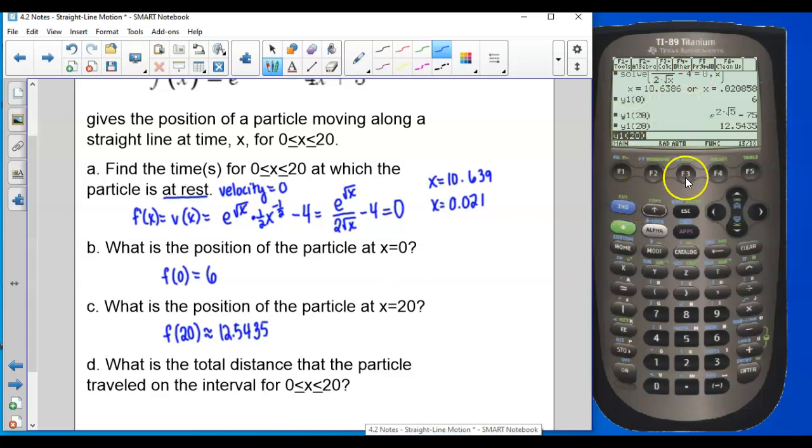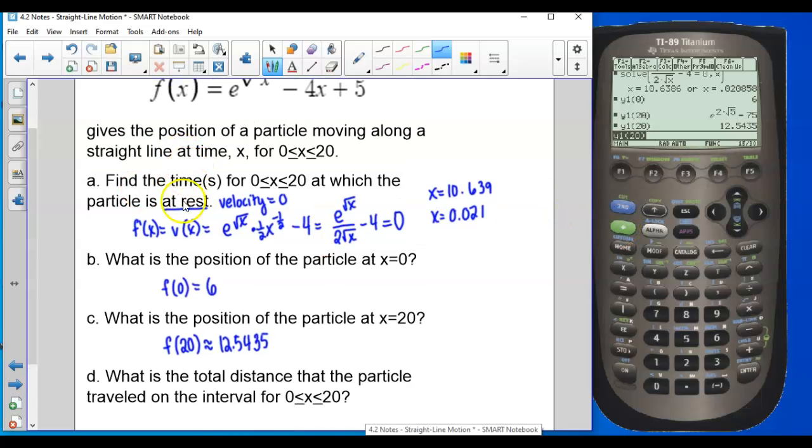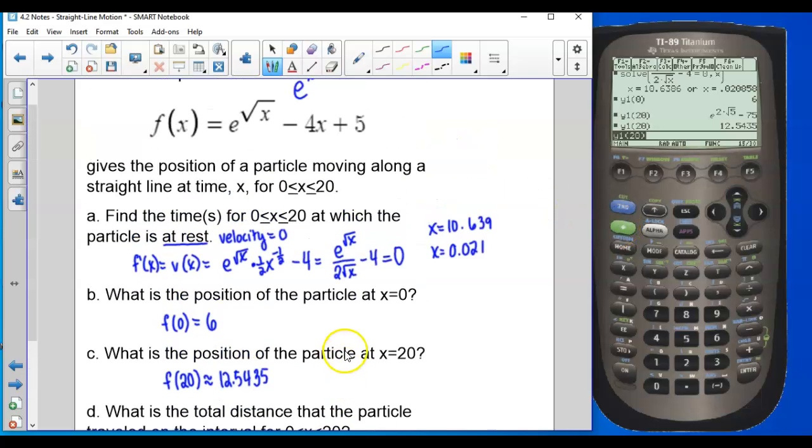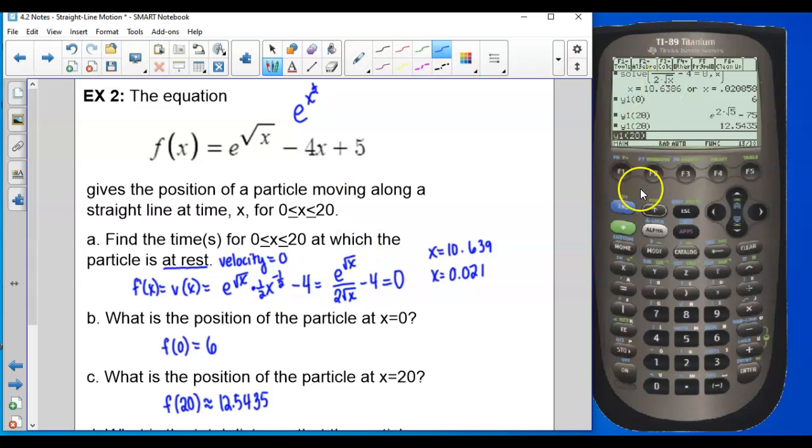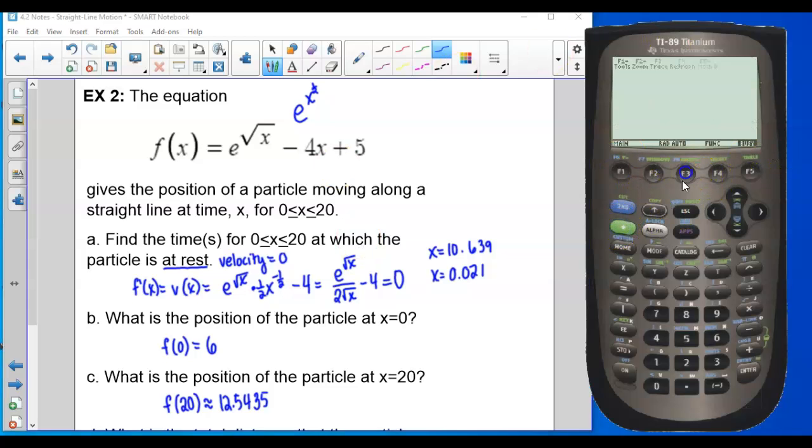So I am going to look at what's happening here by looking at this graph. And I want to change my window here so that I can see this from 0 to 20. So if I go to window, and I'm going to go from 0 to 20, and now I'm going to graph.